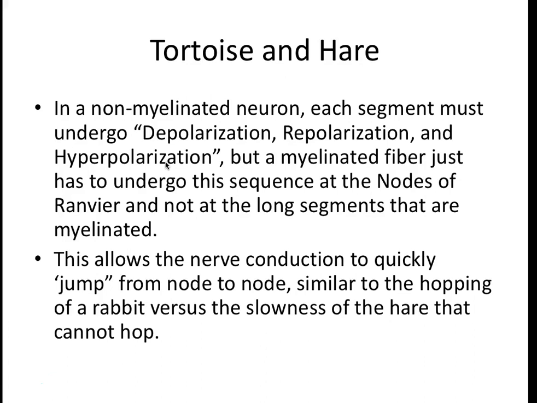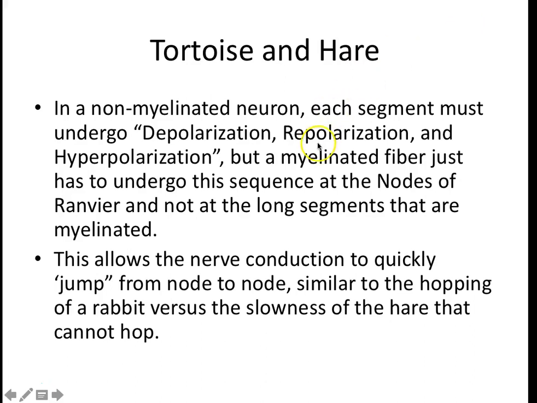And just like the tortoise has to drag and slowly but surely go down the racetrack. Now, rabbits, bunnies, hares, they jump. And so they just have to go pop, pop, pop, pop, jump, jump, jump, jump. And they cover a lot of territory because they can jump over a lot of the racetrack.